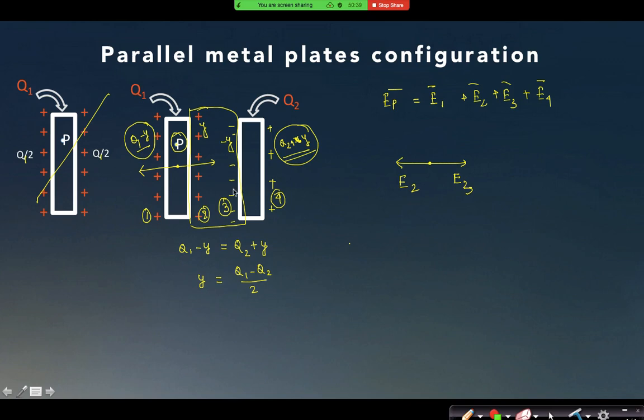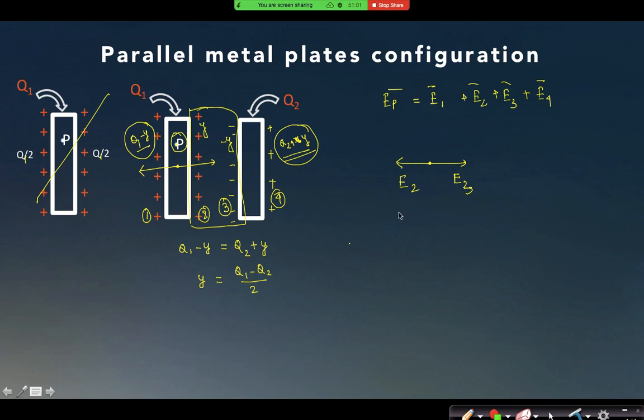Due to the charge 2 at point P, the electric field will be towards left, and due to the charge 3 at point P, if we place a positive charge, it will get attracted towards the negative plate. So it will be along right direction. And their magnitudes are same because these charges are the same.